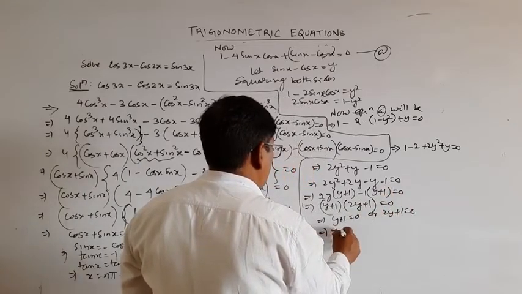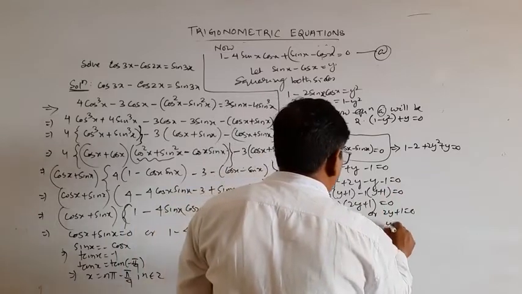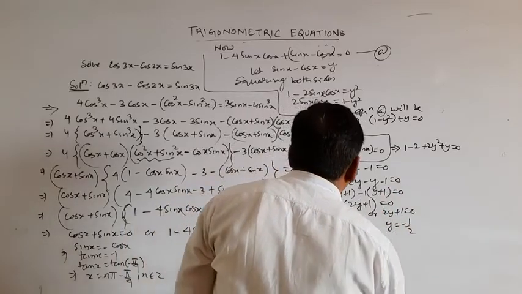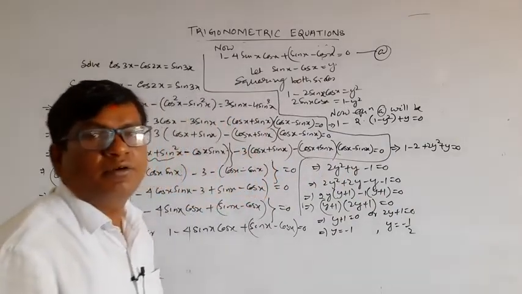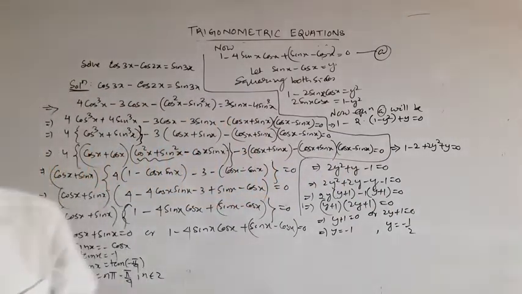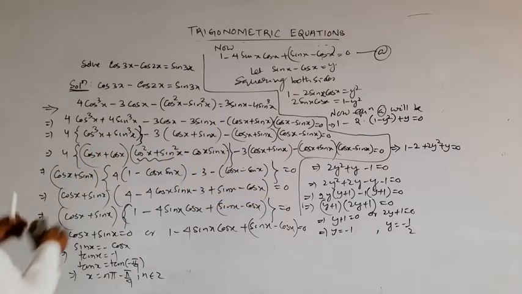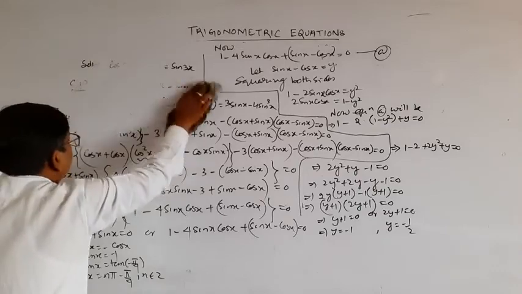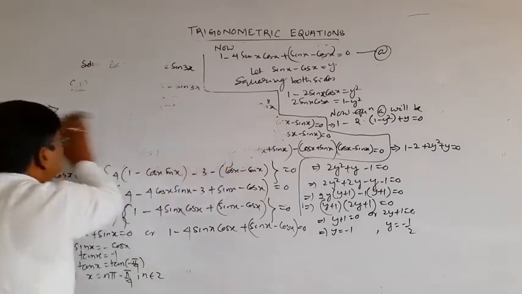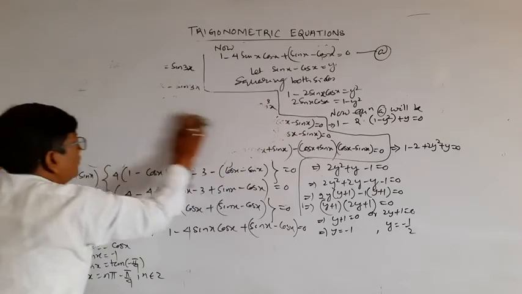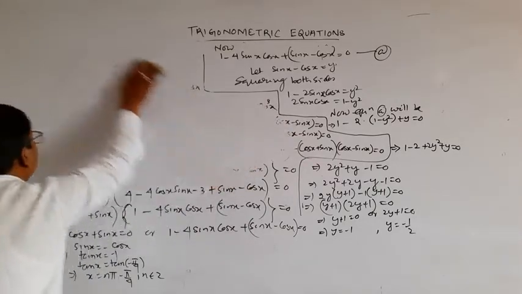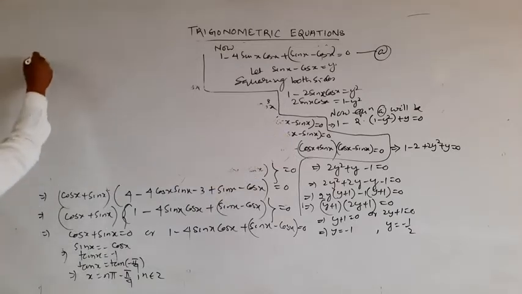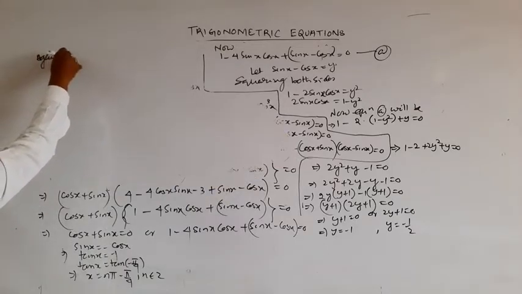So y is equal to minus 1 and y is equal to minus 1 by 2. Again, y is equal to minus 1.